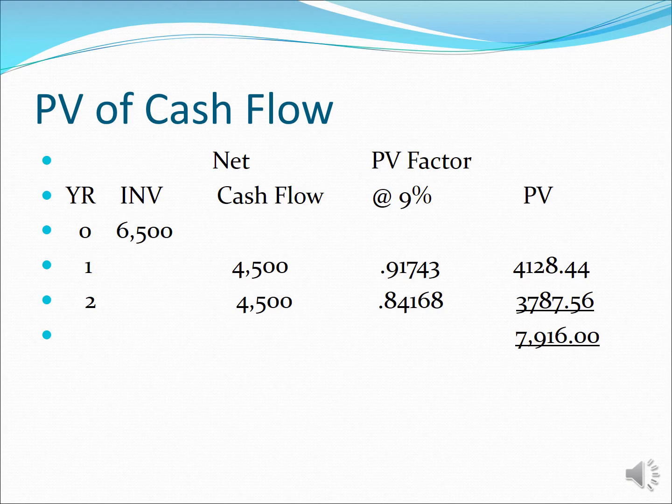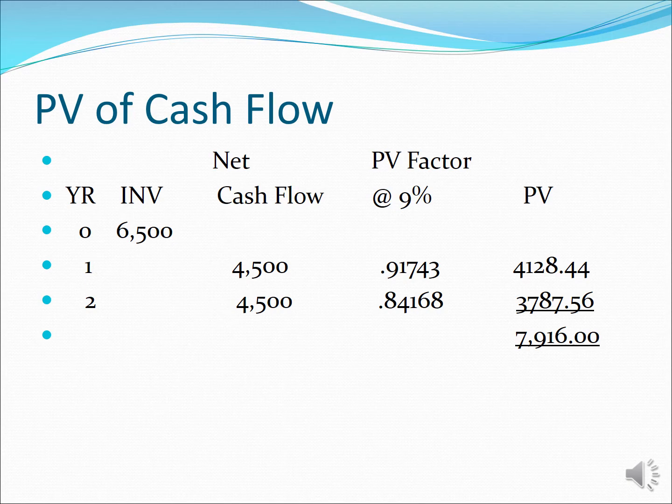To start our presentation, I first calculate the present value of the net cash flow. The rate of interest I have taken is 9%, that is the discounting factor, and the net cash flow for year one, 4,500, is multiplied by the present value factor 0.91743 to give us the present value of 4,128.44.